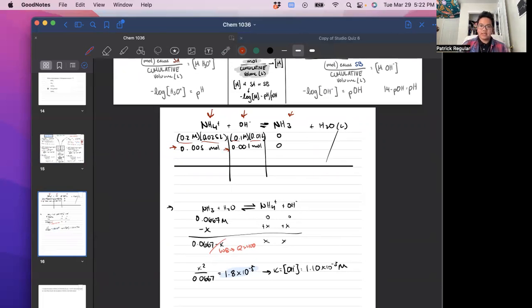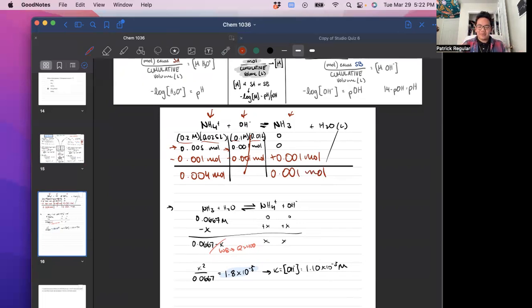So if we subtract this, minus 0.001 mole, minus 0.001 mole, this will cancel out. This will be 0.004 mole plus, because this is a reaction, 0.001 mole, 0.001 mole.